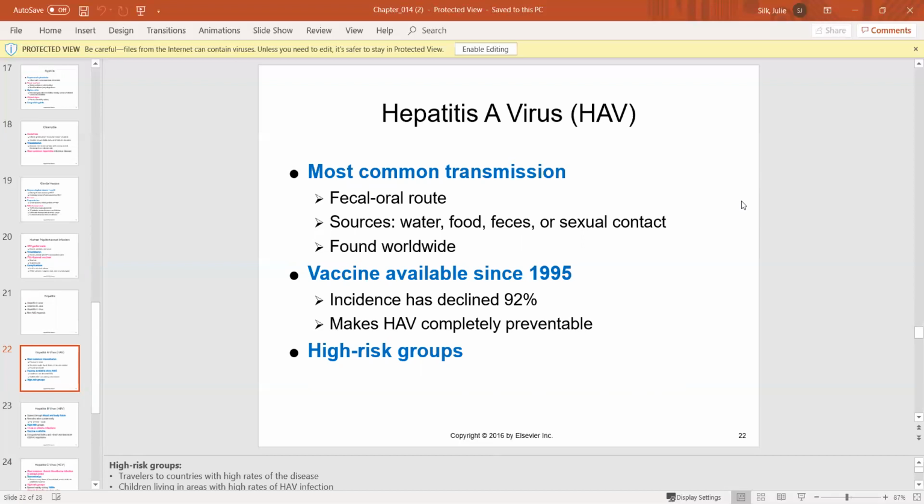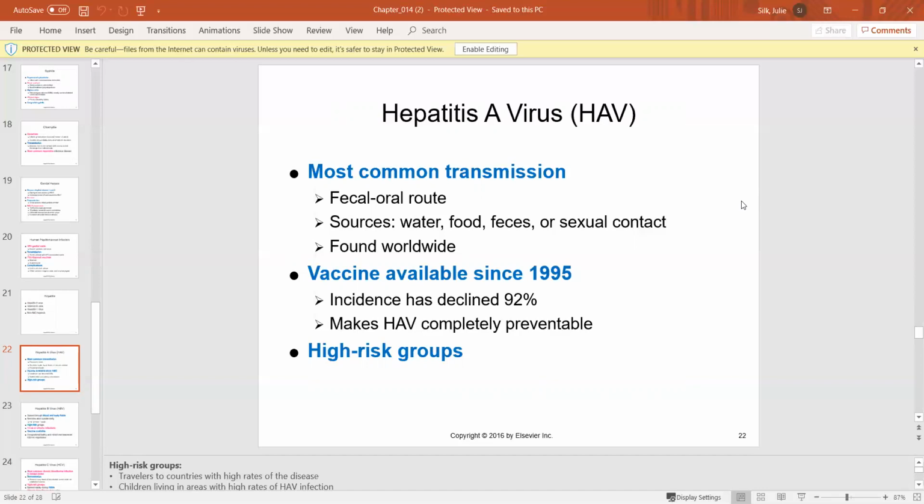So with this, you basically get GI types of symptoms, and it kind of works itself out. It's just like when you would have an episode of the flu at home, like a vomiting type of flu.